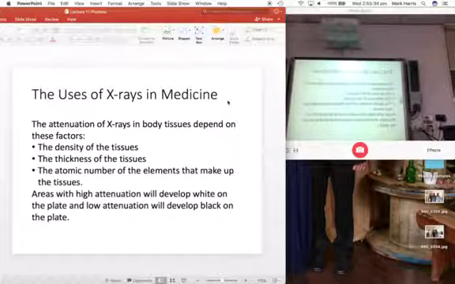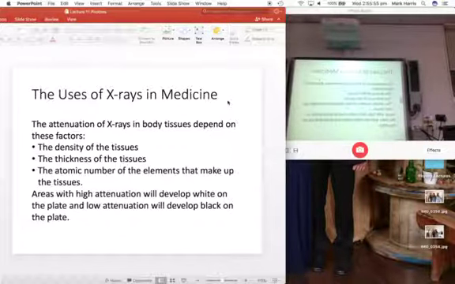Areas with higher attenuation develop white, and with lower attenuation develop black on the plate. White means no exposure, black means full exposure on those X-ray things that you've got. So you put your arm on an X-ray plate.